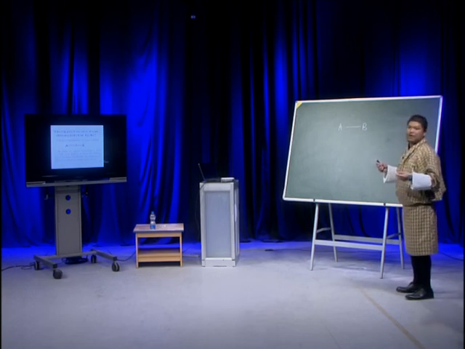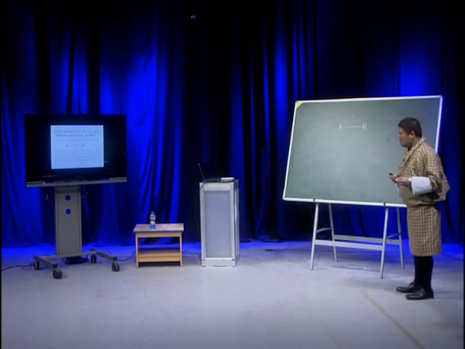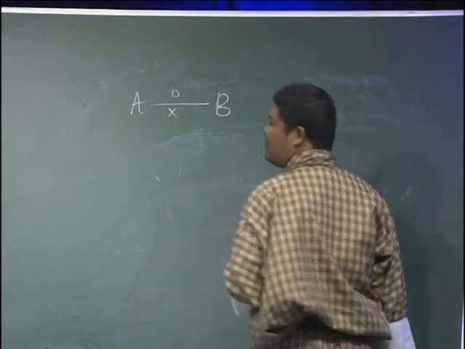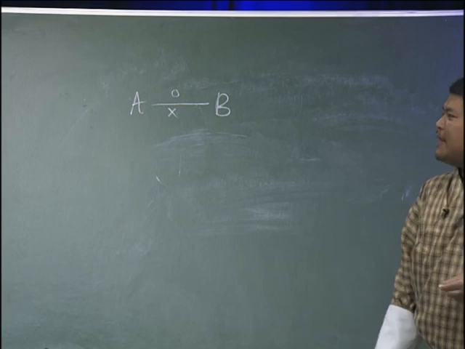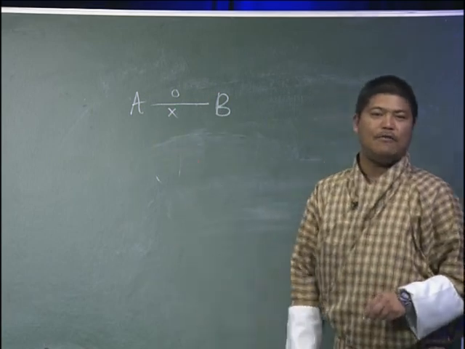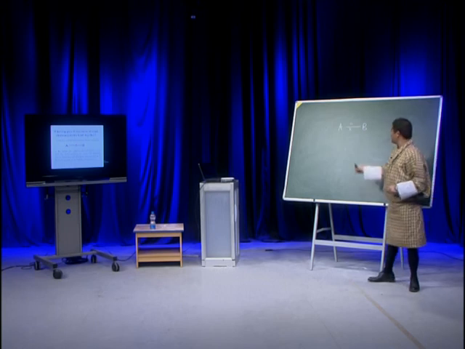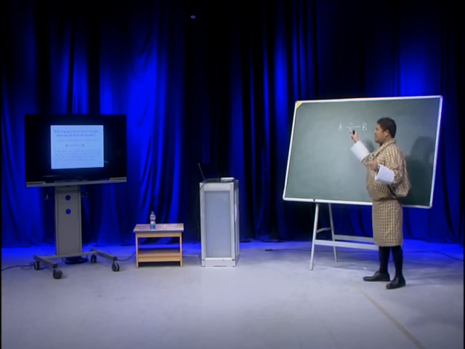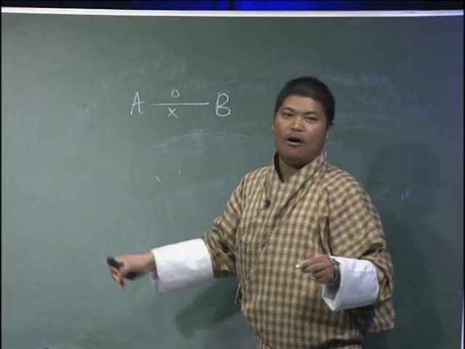Where will be the shared pair of electron between A and B? It will be exactly in between A and B. Why? Because both of them have the equal tendency to attract the shared pair of electron. So we see that the shared pair of electron remains exactly in the middle of the two atoms.